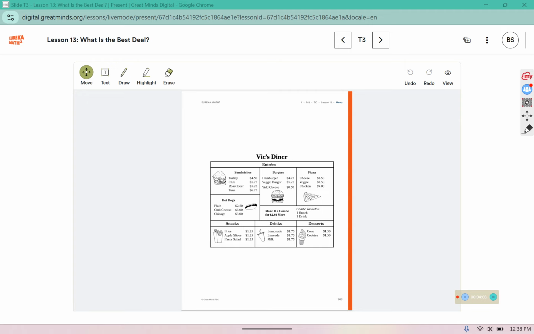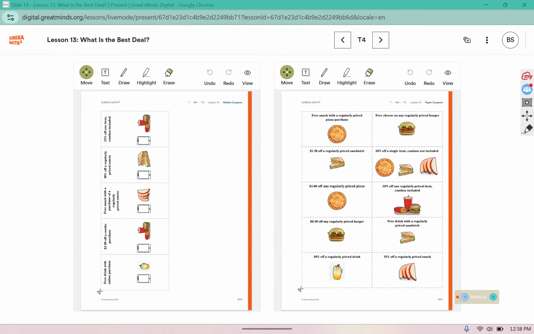So let's look specifically at the pizza. The pizza for a cheese pizza is $8.50. Our coupons that we could use for a pizza include the 15% off of 1 item, the 30% off of a regular entree, $2 off of a purchase.